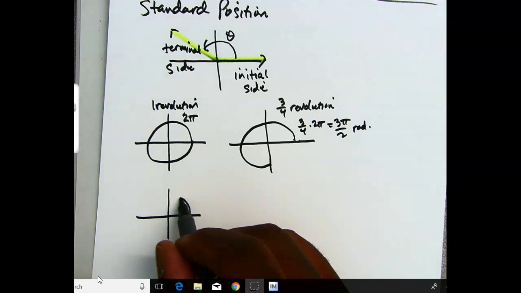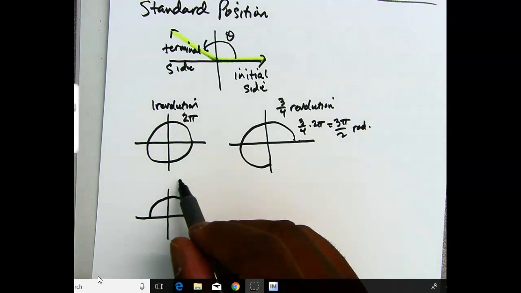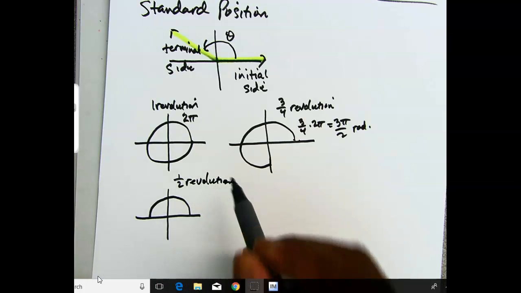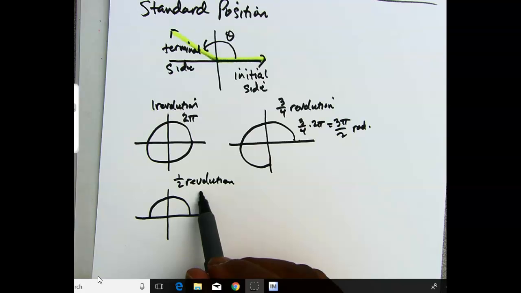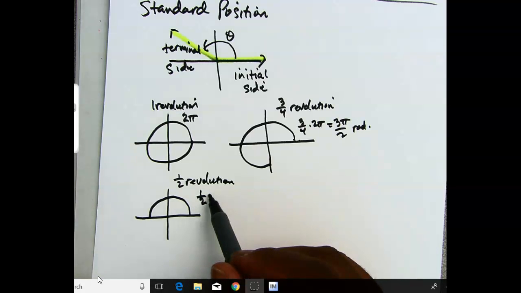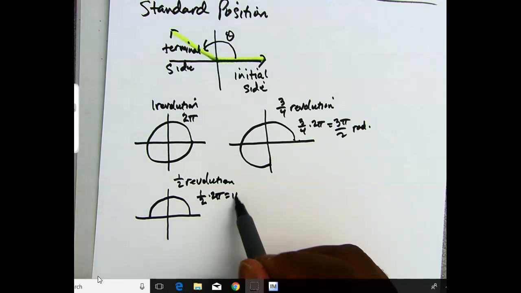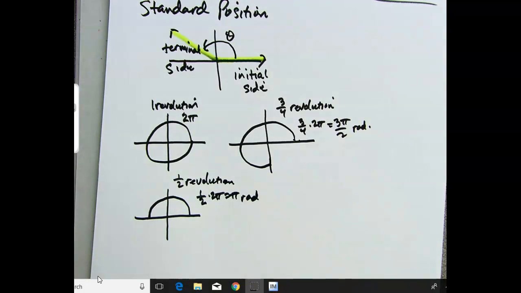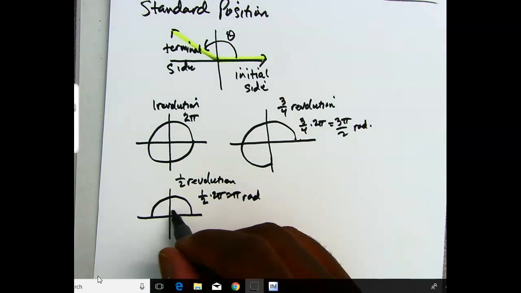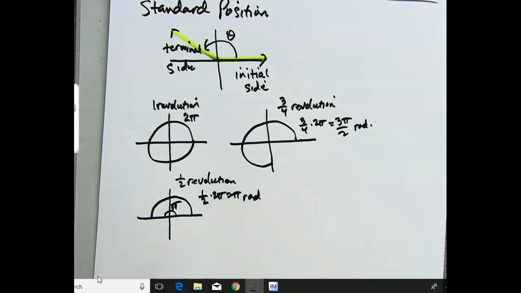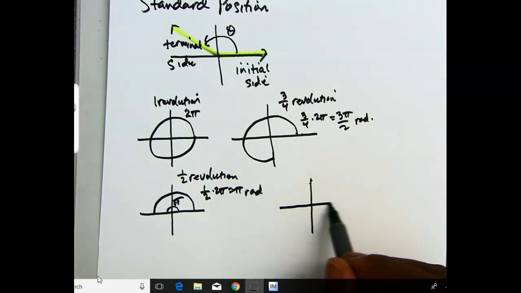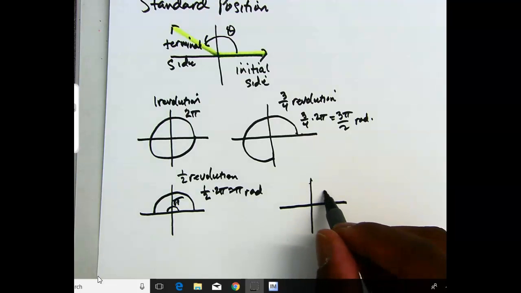What about half a revolution? Well, if a full revolution is 2 pi, that would be 1/2 times 2 pi, or just pi radians. So 1/2 of a revolution is pi radians. How about 1/4 of a revolution?